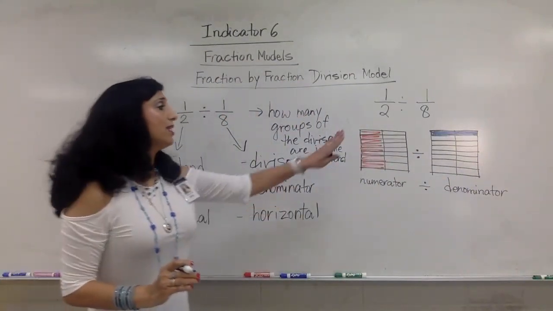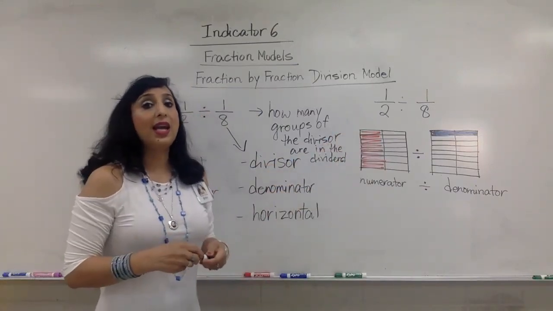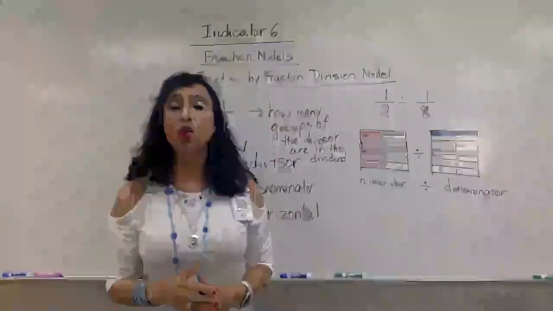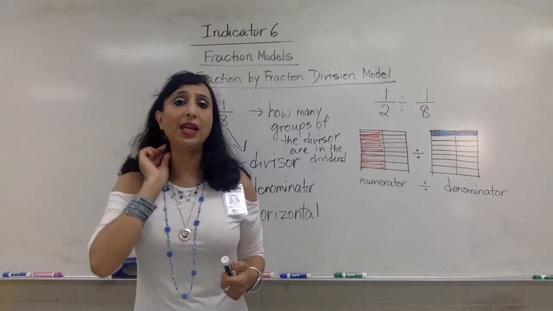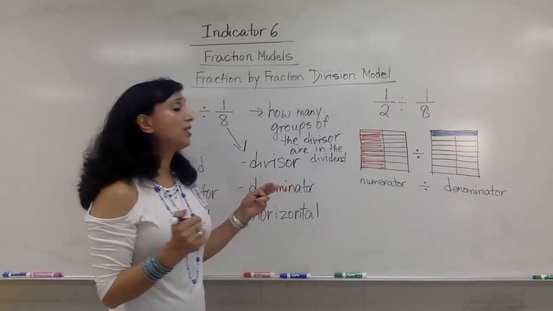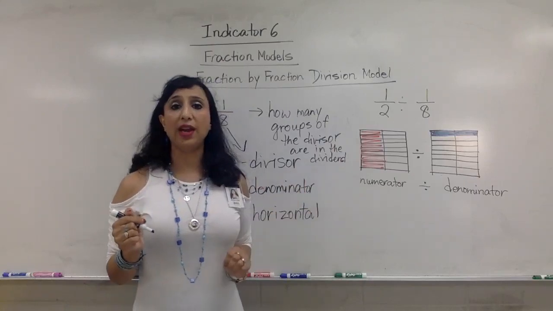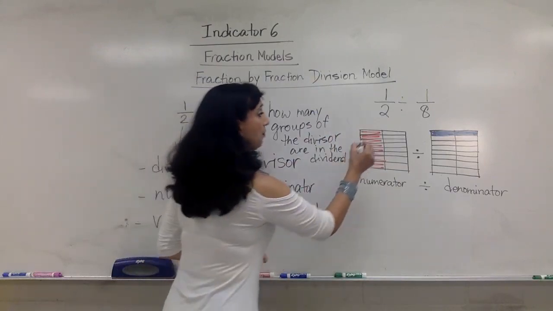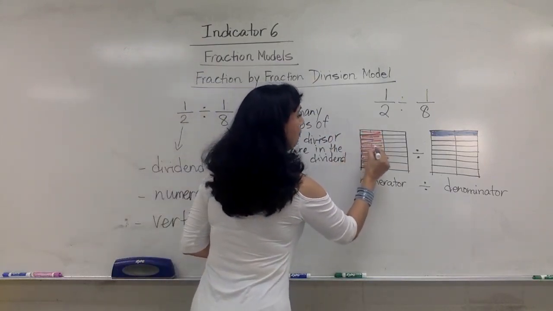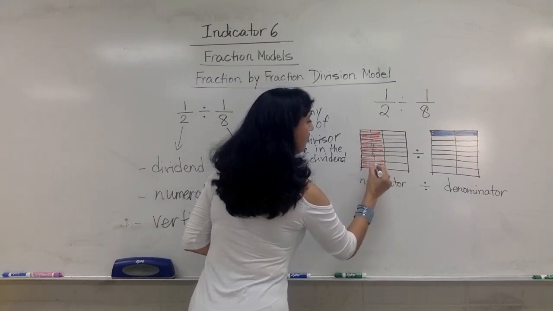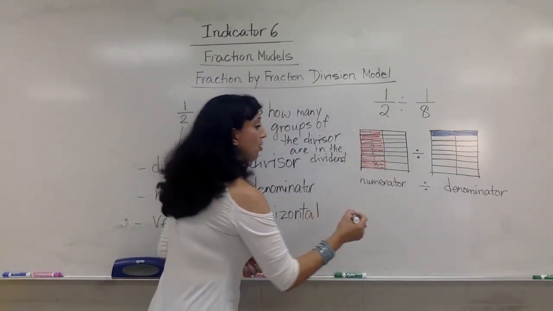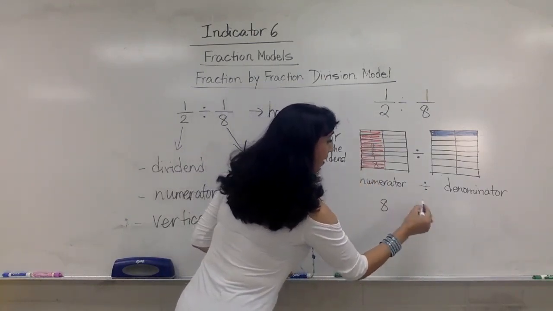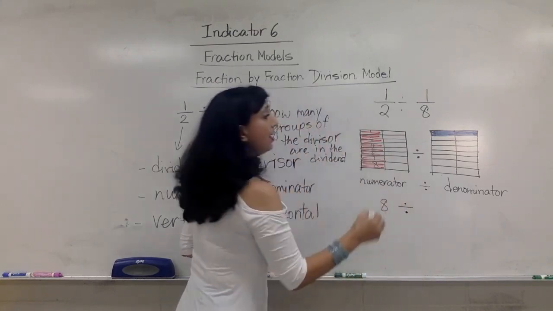Now that I have this set up, I'm basically seeing how many 1/8 are here. So instead of combining it, all I need to do now is count up how many of the squares are colored in the numerator, because I've already broken it into sections like this. So here we go: 1, 2, 3, 4, 5, 6, 7, 8. My numerator has 8, divided by my denominator.